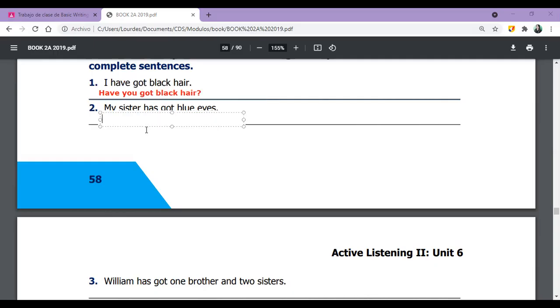Number 2. My sister has got blue eyes. Sería, has my sister got blue eyes? Very good. Has my sister got blue eyes? Great. Very good.